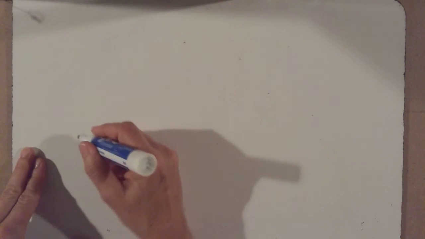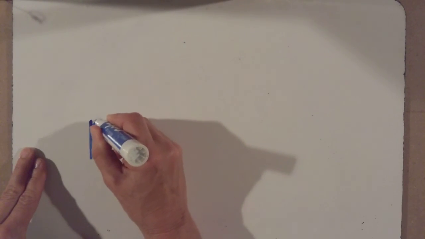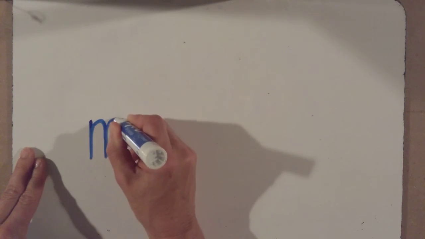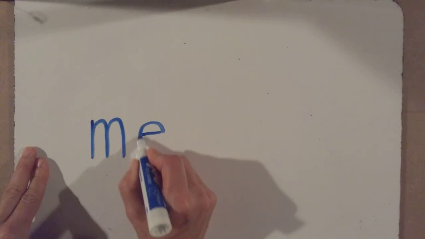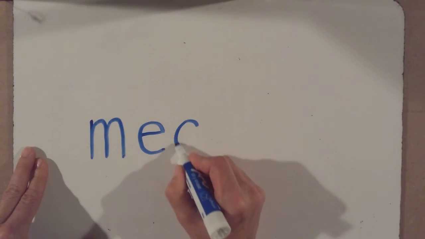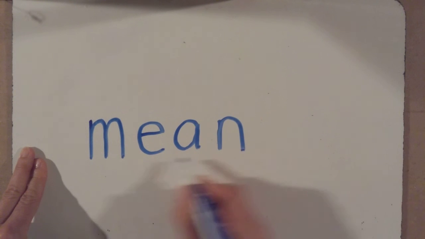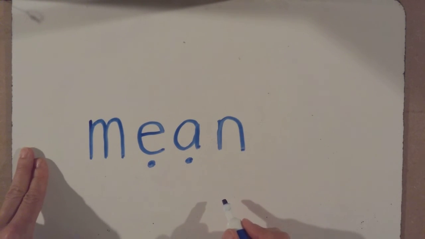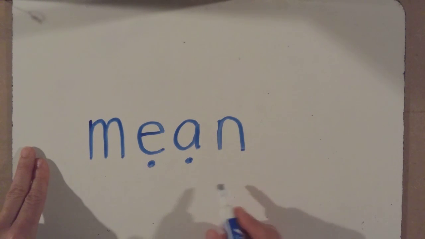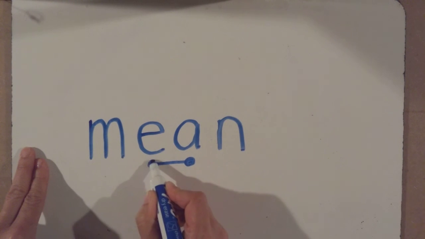Two more words today because we're introducing a new syllable type. It's called a vowel team syllable. M, E, A, N. I mark my vowels. Come on, mark them with me. Hook them together because they're going to work together as a team.